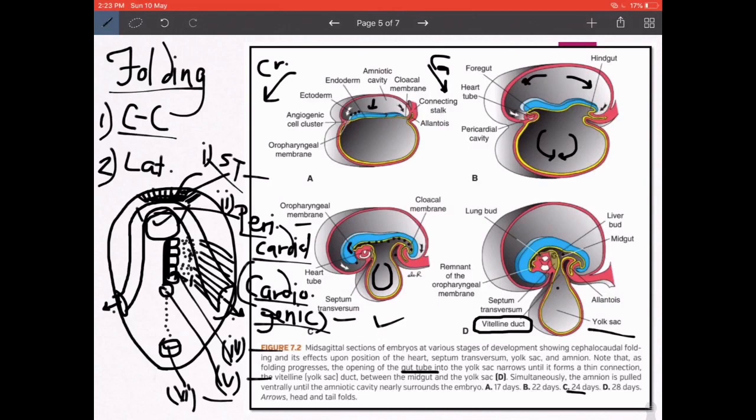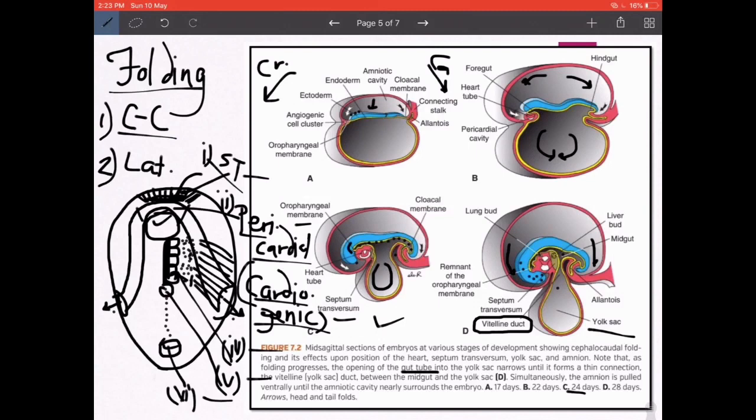At the same time the amnion is becoming much bigger, the cephalic and the caudal ends have come much closer, the neuroectoderm in the cranial region has become much thicker, and the red colored mesoderm has already started showing a few things.